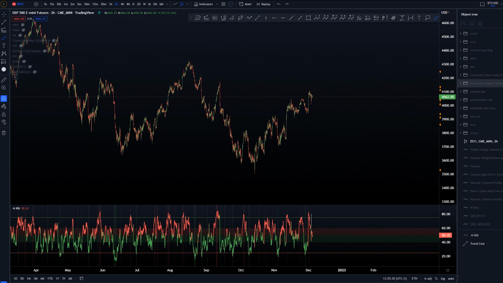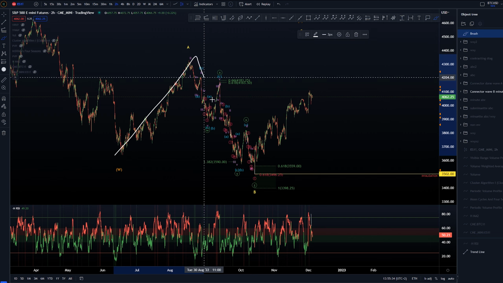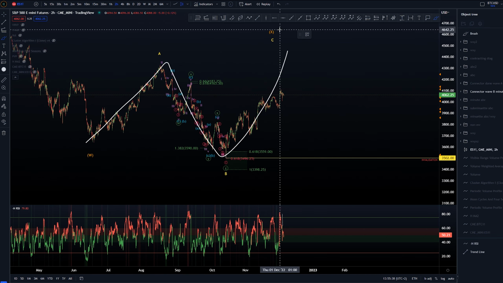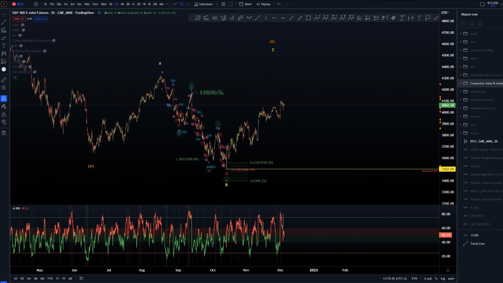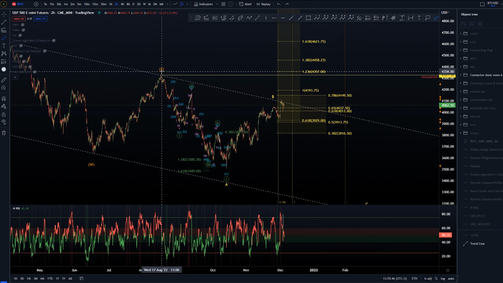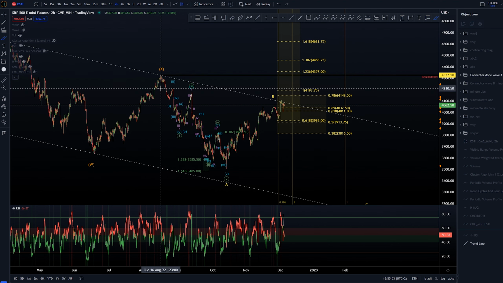We had two different ideas overall in this one, where either we had this as the start of a connector wave structure for a larger W, X and Y coming down, or this would be the connector wave already done here. Now, as the Dow has already taken out these highs, it is making this count less probable.